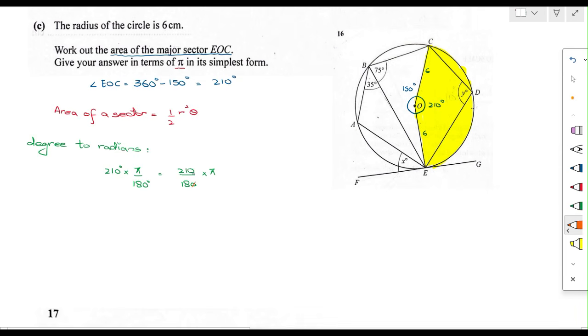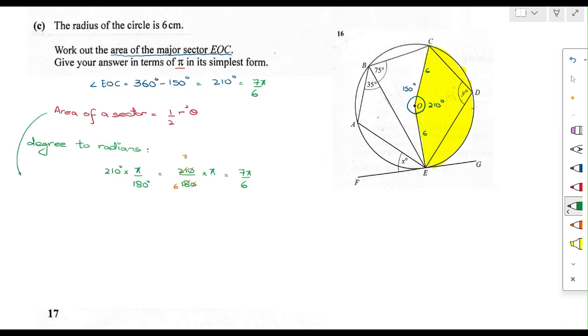This 0 is cancelled with 0. 3 times 7 is 21 and 3 times 6 is 18. Both are divisible by 3. So the simplified angle is 7 pi by 6. 210 degrees basically equals 7 by 6 pi.